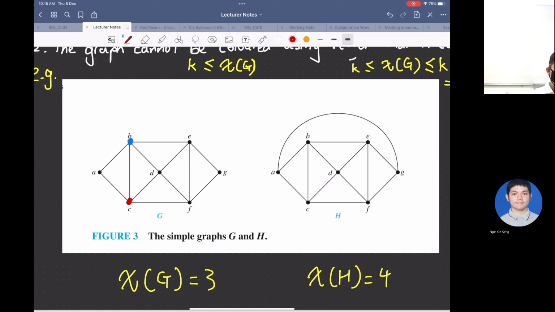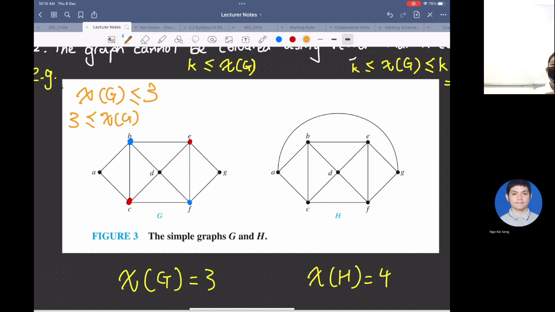D connects to B and C, so we can put black because there's no contradiction. E is connected to D and B, so we can put red. F, we can put blue again. And then G can be black. So this shows that 3 colors is enough to color our graph, which means the chromatic number is less than or equal to 3. But how do we show that 3 is less than or equal to the chromatic number of G?